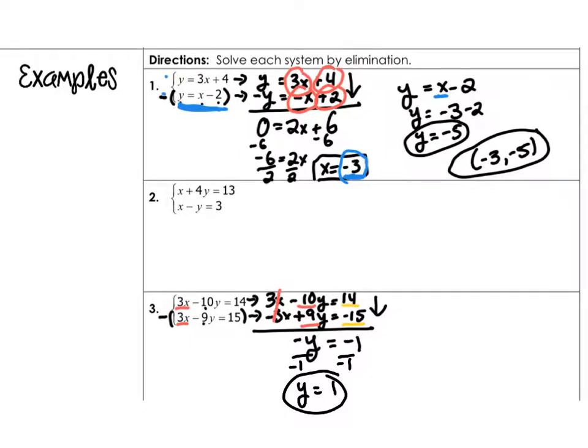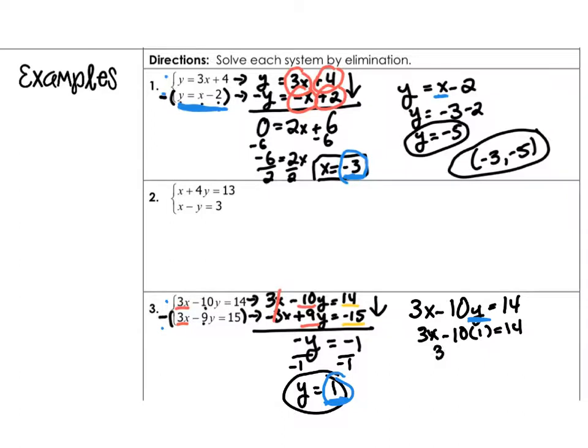Now, we're going to substitute this 1 in for y in any of these equations. Both are pretty similar, so it doesn't really matter which one you substitute in. I'll use the first one. So 3x minus 10y equals 14. I'm substituting in 1 for y. So we get 3x minus 10 times 1 equals 14.